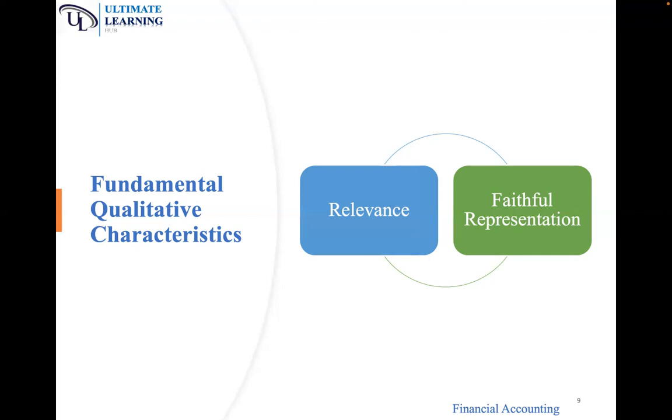Information has faithful representation if it is complete, it is neutral, and free from biasness and errors. So when we talk of information that is faithfully representative, there must be completeness in that information. There must be what we call neutrality, and it must be free from biasness and errors. In that case, we can conclude that information is faithfully representative.